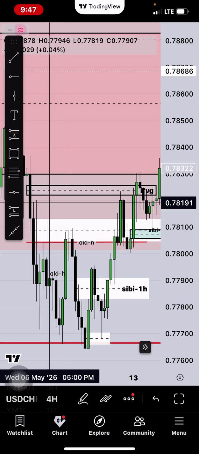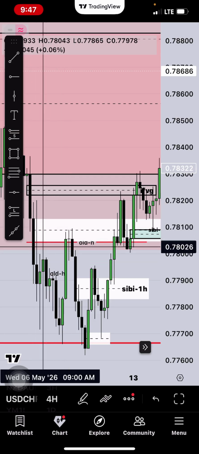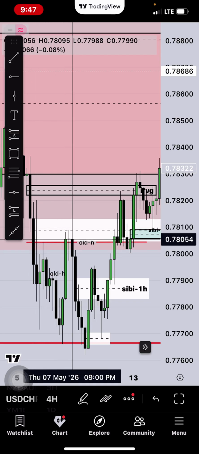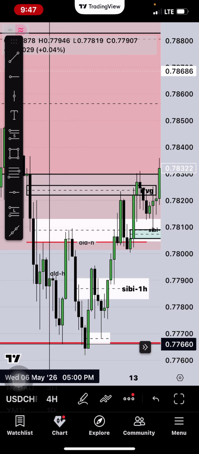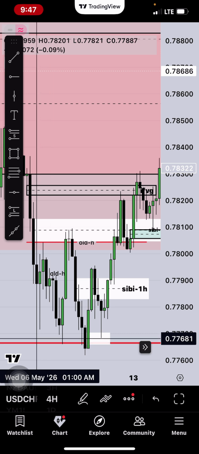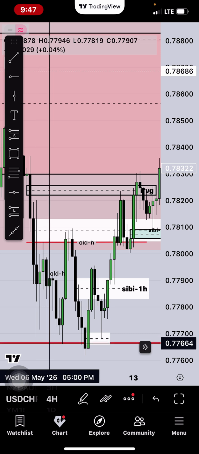So yeah, it left, took out that short term high here, came down again one more time to bounce right into that same OB and weekly order block, which 80% of the time we'll see a major reaction from.